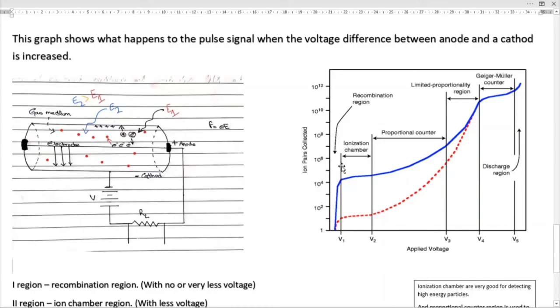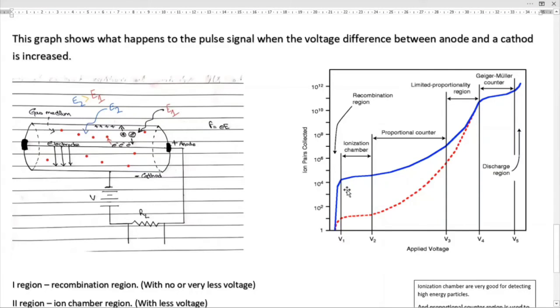In the first region, which is the recombination region, when there is no or very little voltage, the free electron and ion pairs tend to recombine because they do not experience any acceleration. So due to thermal motion, they recombine, forming neutral atoms or molecules, which results in zero potential drop across RL, which gives no signal, or with very little voltage it gives very little signal, and this region is known as the recombination region.